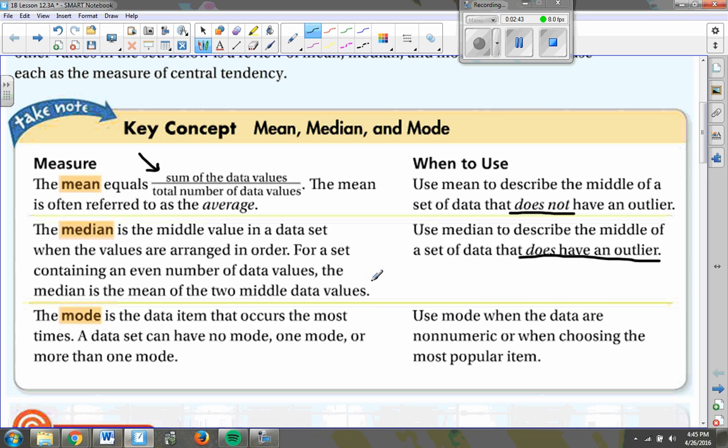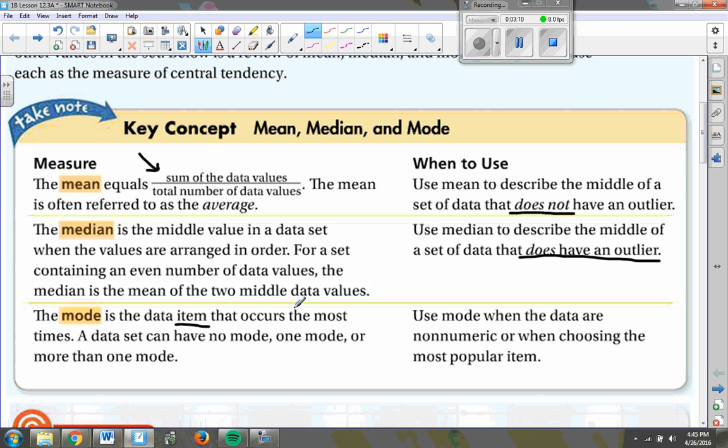And finally, the mode of a data set is the data point that occurs the most often, the highest frequency for a specific data point. A data set can have no mode if nothing is there multiple times. It can have one mode, or more than one mode if 2 things are tied for the most.